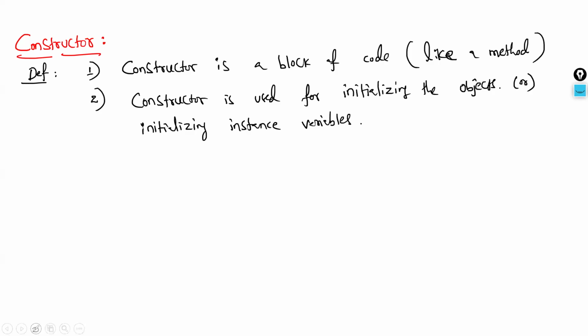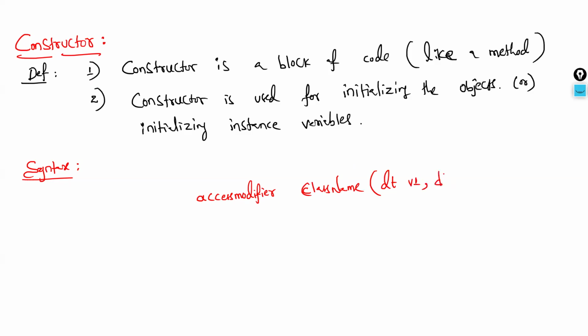Then since it is a new concept, what is the syntax of it? The syntax of a constructor is access modifier, then space, class name, parenthesis, data type variable 1, comma, data type variable 2, and so on.